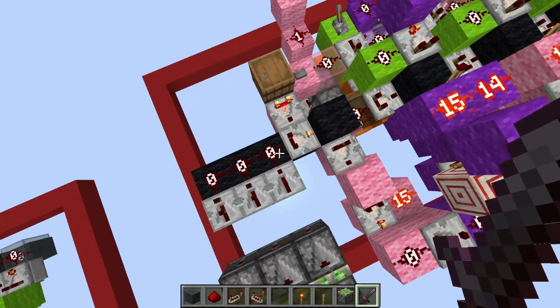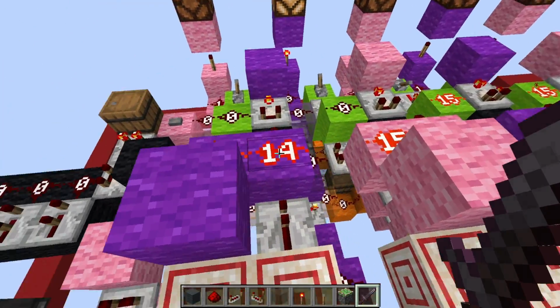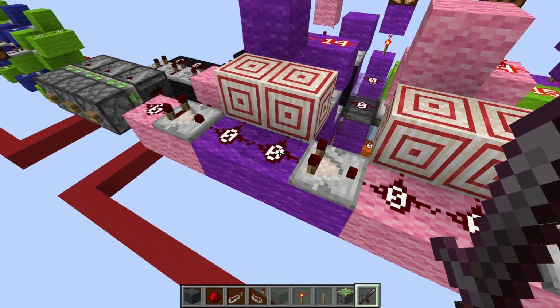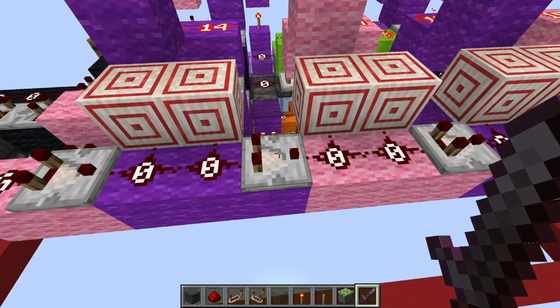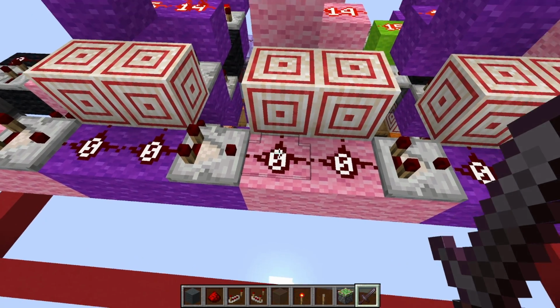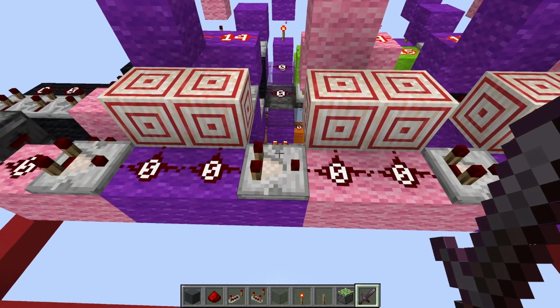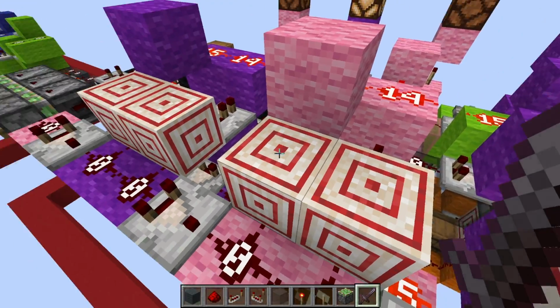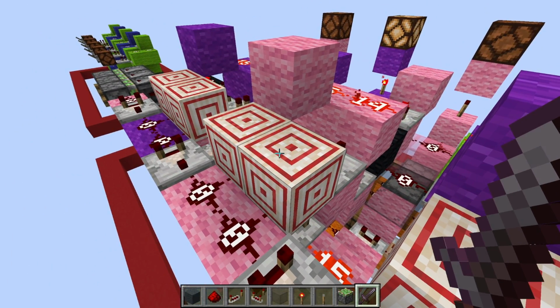All right, now let's work through if it's a signal strength of 2. So a signal strength of 2 comes through here and then gets forwarded onto this line here. So we have signal strength of 2 going through this comparator, signal strength of 2, signal strength of 1. So what will happen is both of these target blocks will be powered at the same time.